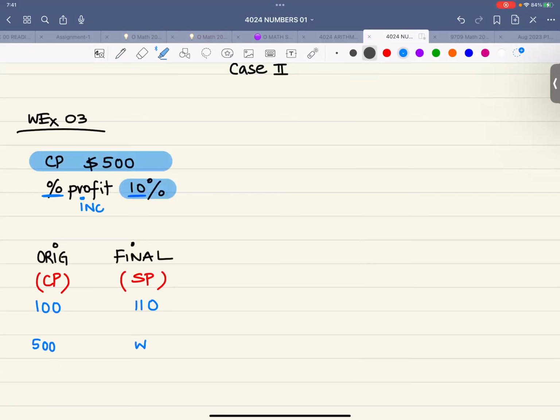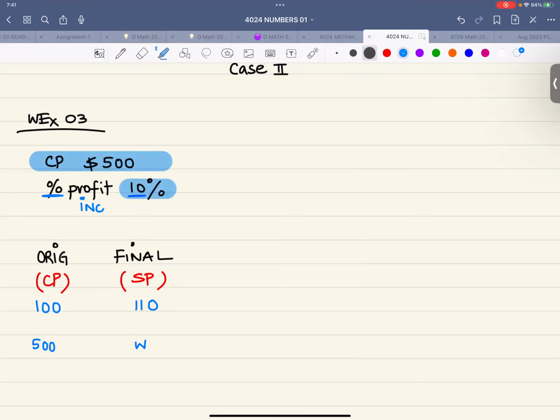Now let's cross multiply. So W into 100 is equal to 500 into 110. So W equals 500 into 110 divided by 100. Cancel out the zeros over here: this zero gets cancelled out with these two zeros.